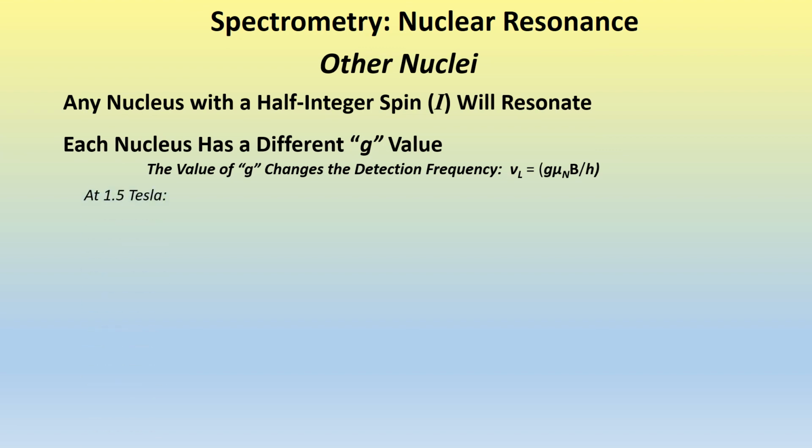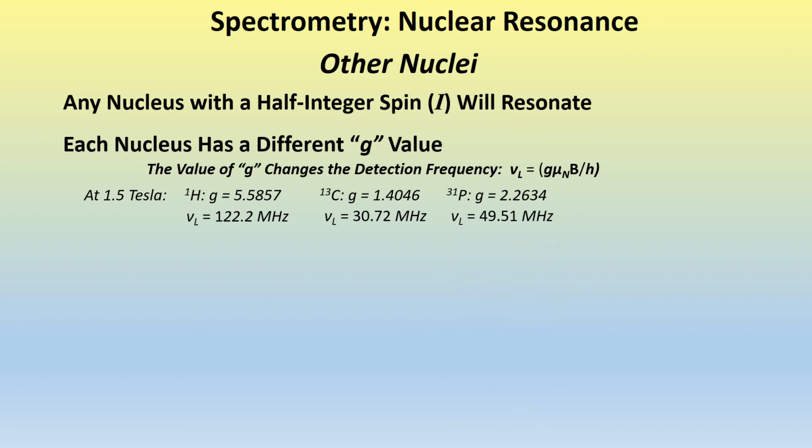At 1.5 Tesla, a proton has a g of 5.5857 and precesses at 122 megahertz. Carbon-13 has a g value of only 1.4046 and precesses at 30.7 megahertz. Phosphorus, with g equal to 2.2634, precesses at 49.5 megahertz.